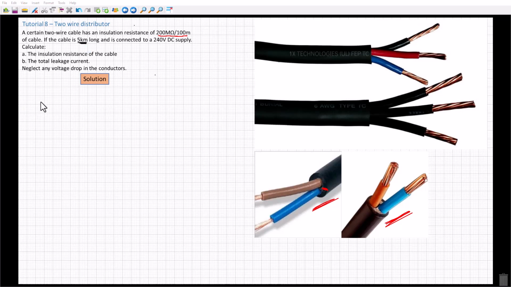So the first thing to do is to know exactly what we have here. Let's say R1 is equal to 200 mega ohm of resistance, and length 1, L1, is 100 meters.